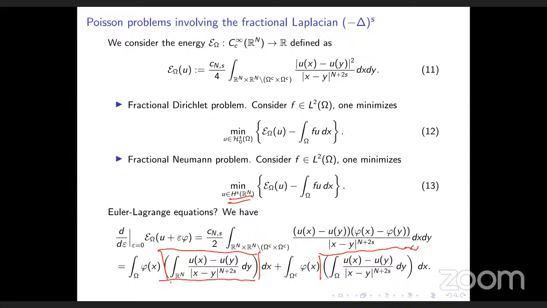This just comes by using the symmetry of the kernel K(x,y) equal to 1 over |x minus y| to the power n plus 2s.